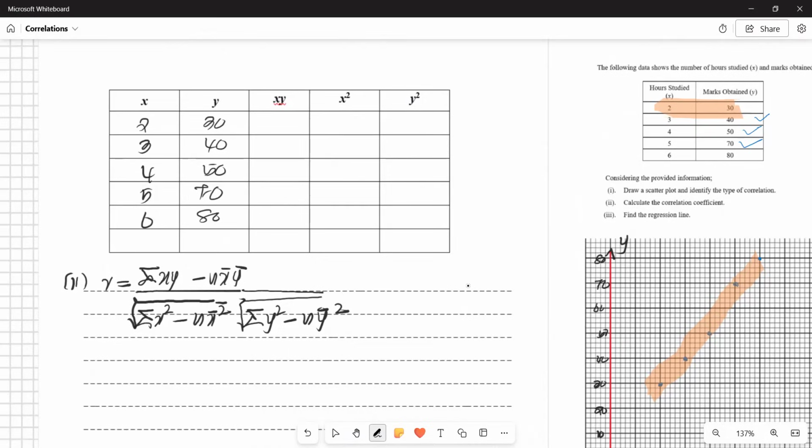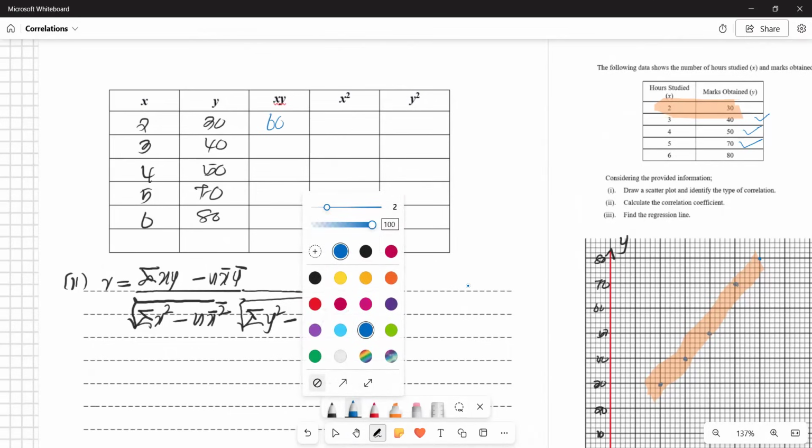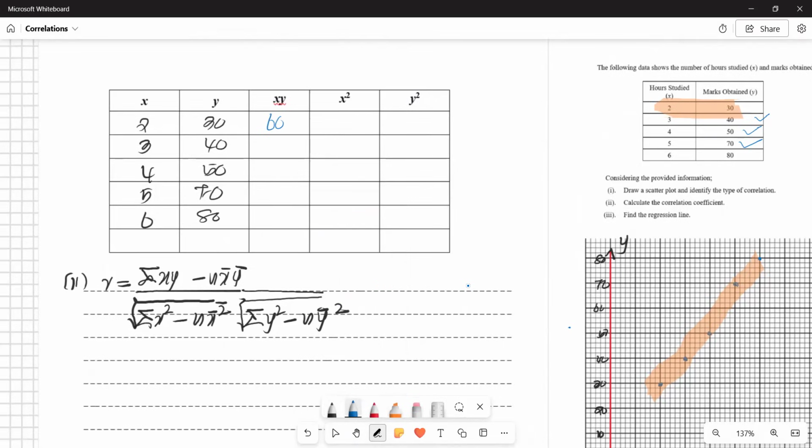2 into 30, 60. 3 into 40, 120. 4 into 50, 200. 5 into 70, 350. 6 into 80, 480.